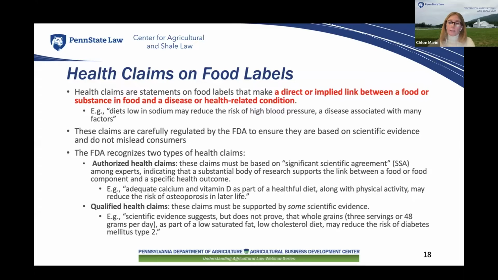And qualified health claims, which do not need to meet the significant scientific agreement requirement, but must be supported by some scientific evidence. So they must be followed by a disclaimer to inform consumers about the level of scientific support for the claim. For example, scientific evidence suggests but does not prove that whole grains as part of a low saturated fat, low cholesterol diet may reduce the risk of diabetes too.